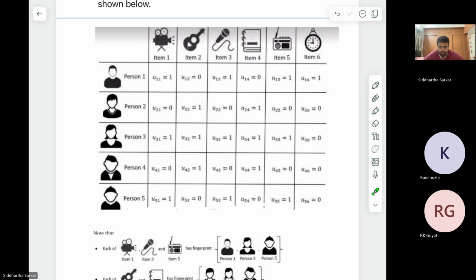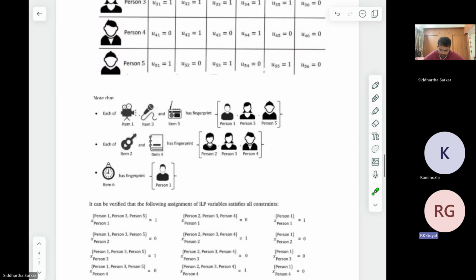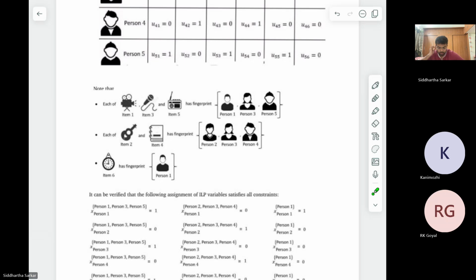So how many item ones, item threes, and item fives are there? Unlimited, or do we have a limited quantity of these items? There's some echo. Oh, I see.